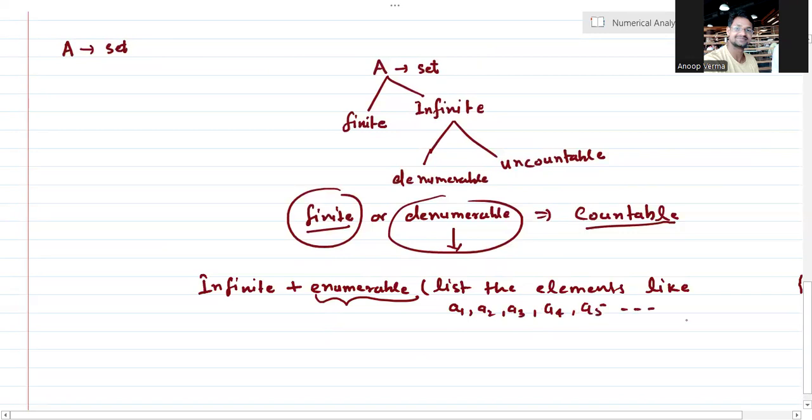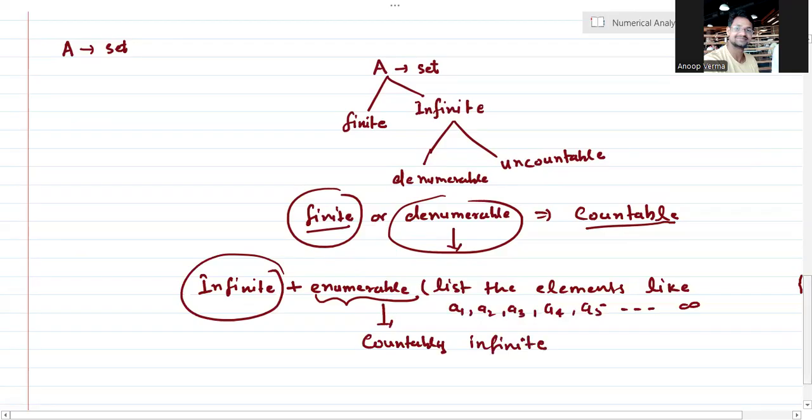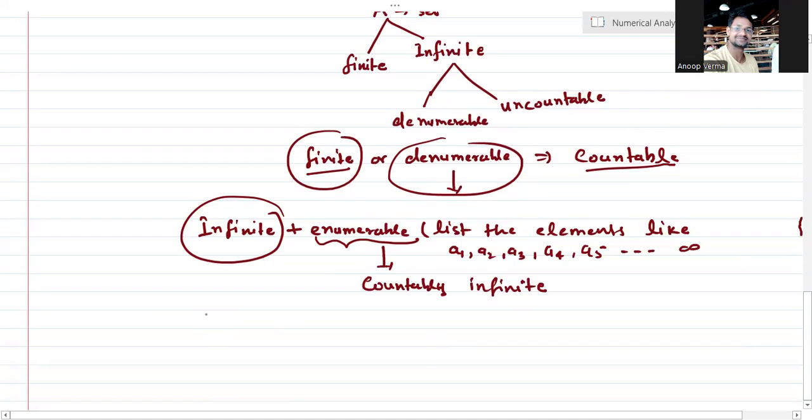If it is tending to infinity, if there is an infinite set and we are able to enumerate the elements of the set, that set is called a denumerable set. Okay, yes, sometimes they say countably infinite. Okay, so a set that is denumerable or finite is called countable. So how do we see a set and say it is denumerable or not? So we know the equivalent set.